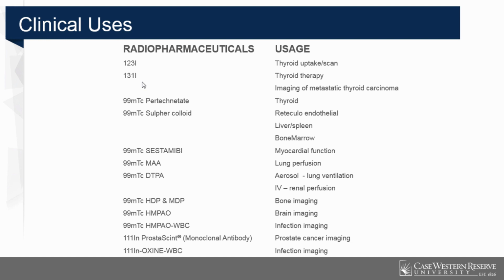It will transport radioiodine or cold iodine against its concentration gradient, so we can see the thyroid uptake. Sulfur colloid labeled with technetium-99m, you can also do imaging. Some of you may have heard about the MIBI scan.